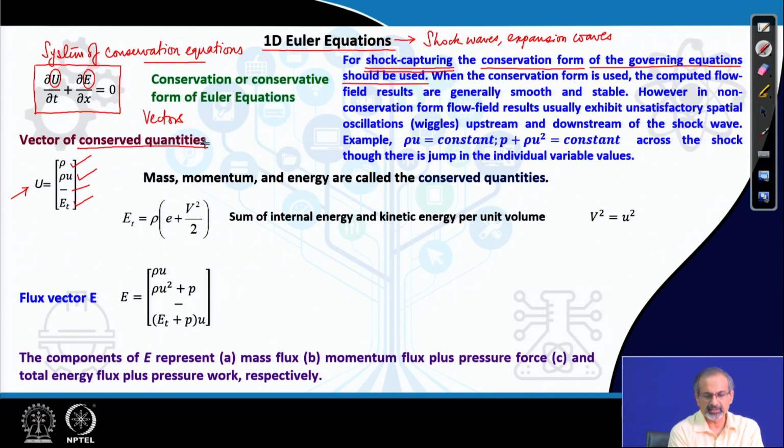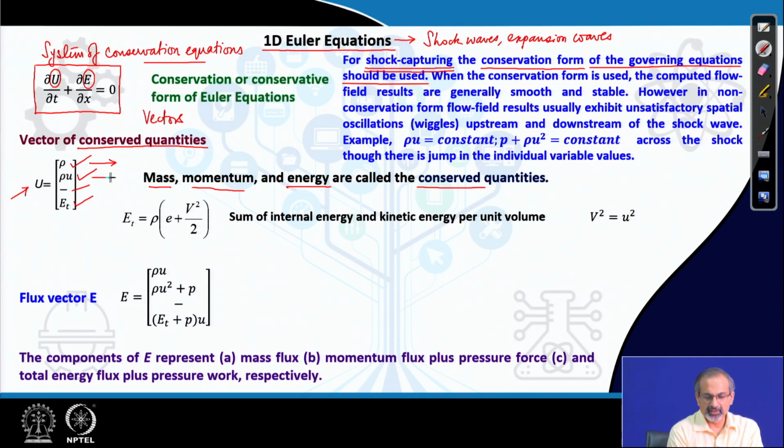The U vector is called the vector of conserved quantities, because these quantities which form the different elements of the U vector are essentially conserved in the flow field. They include mass, momentum, energy.